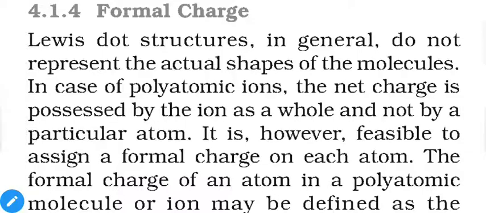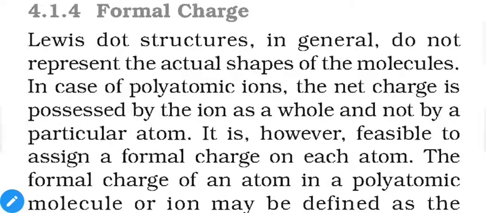So Lewis dot structures in general do not represent the actual shapes of molecules. That means, as we can see in the previous two cases, it may or may not be the actual structure of the given molecule. If we talk about CO, it will be linear.